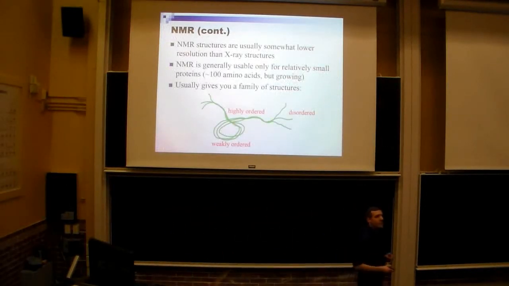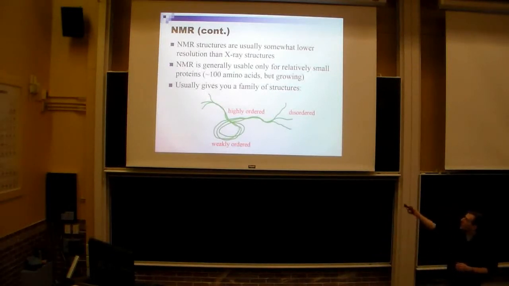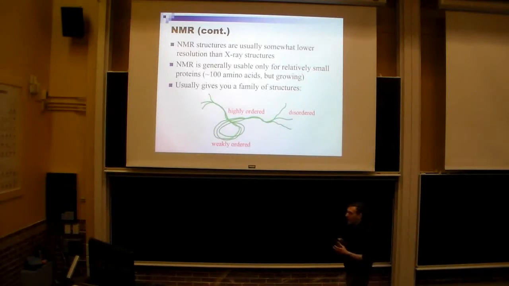But it does have some disadvantages. One disadvantage is that it generally gives you lower resolution than X-ray structures. So generally, if you want to know the atomic detail structure of a protein, people would prefer an X-ray structure to an NMR structure. And it has limits on how large of a structure you can look at.